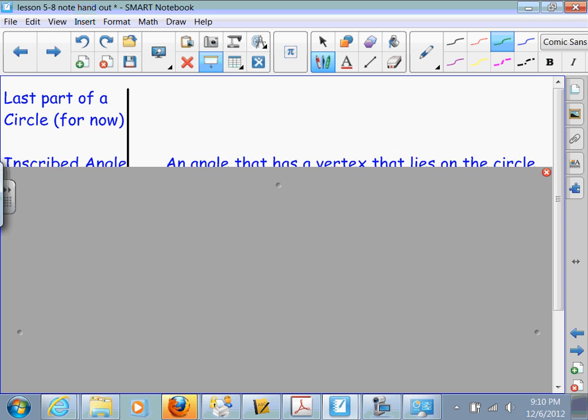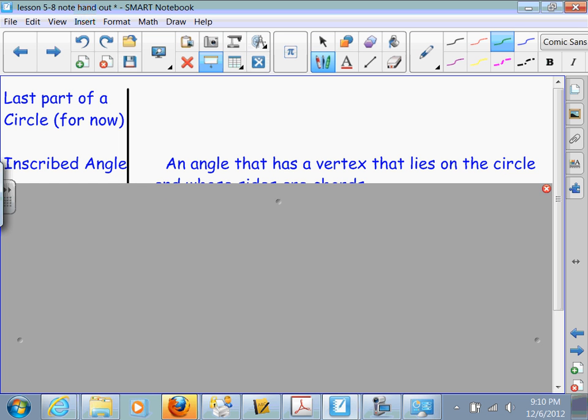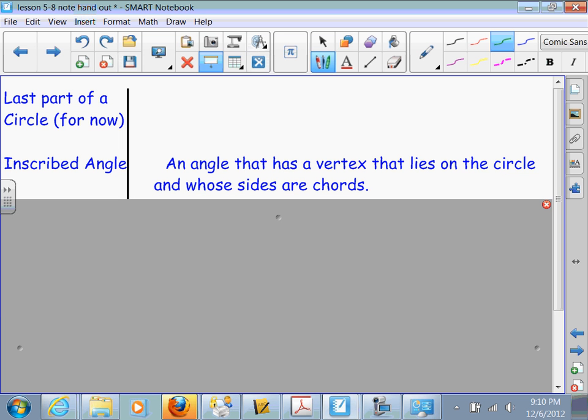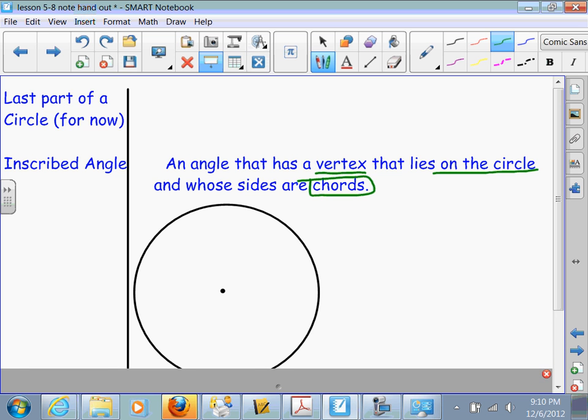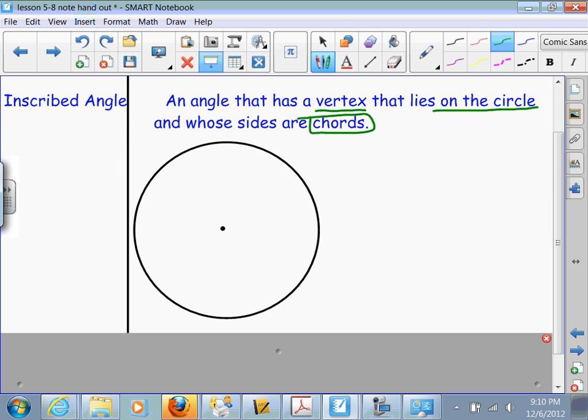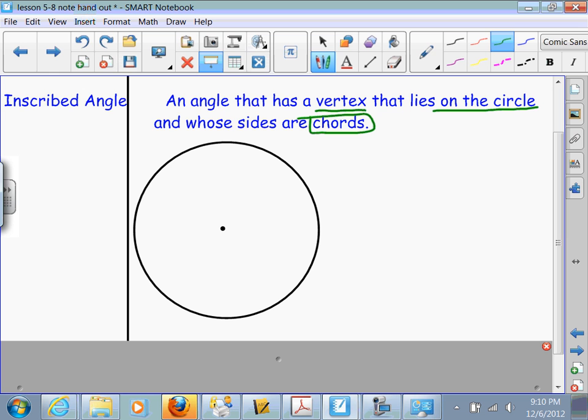An inscribed angle is an angle that has its vertex on the circle. It is not on the center. The vertex is on the circle, and the sides are chords. So that means I have to have 2 chords that actually meet together on the circle.